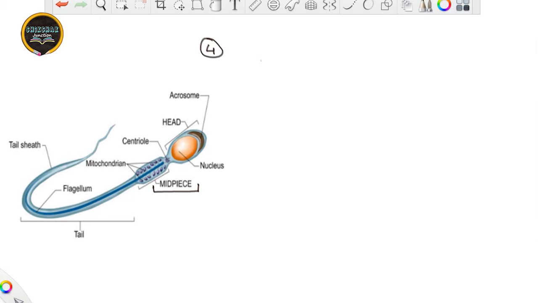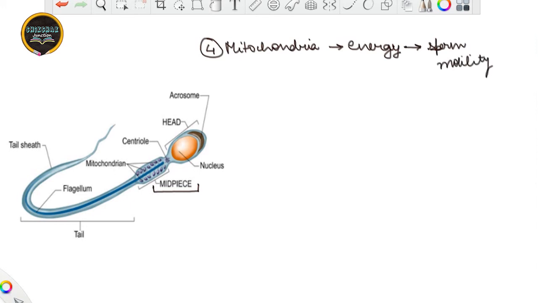This middle piece contains lot many mitochondria, and we all know the importance of mitochondria within a cell. The mitochondria produce the energy for the movement of the sperm, or provide the energy to facilitate sperm motility. That is why this middle piece is very important, otherwise the sperm will not be able to move.